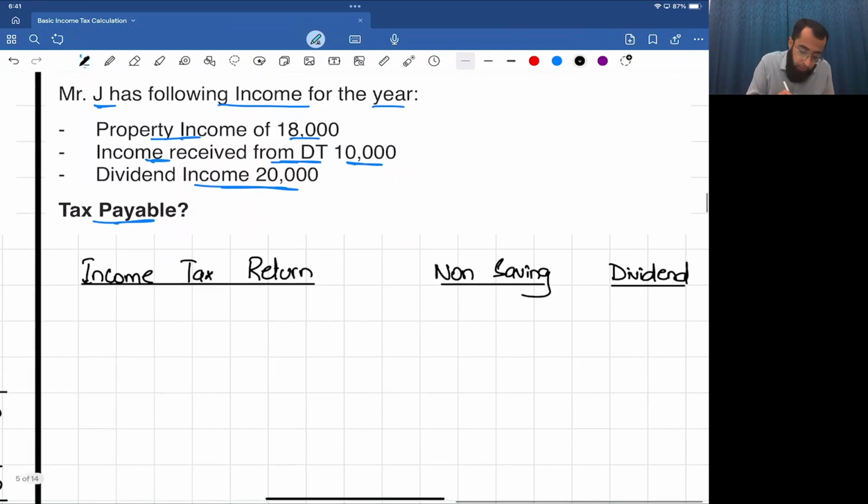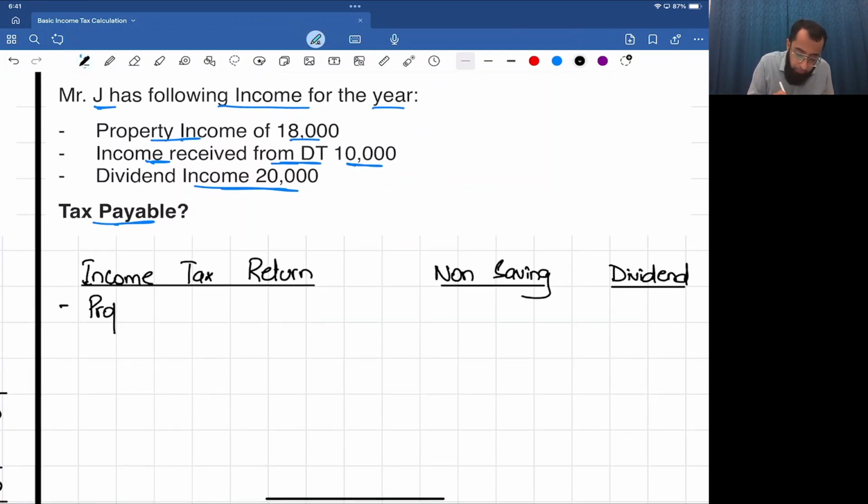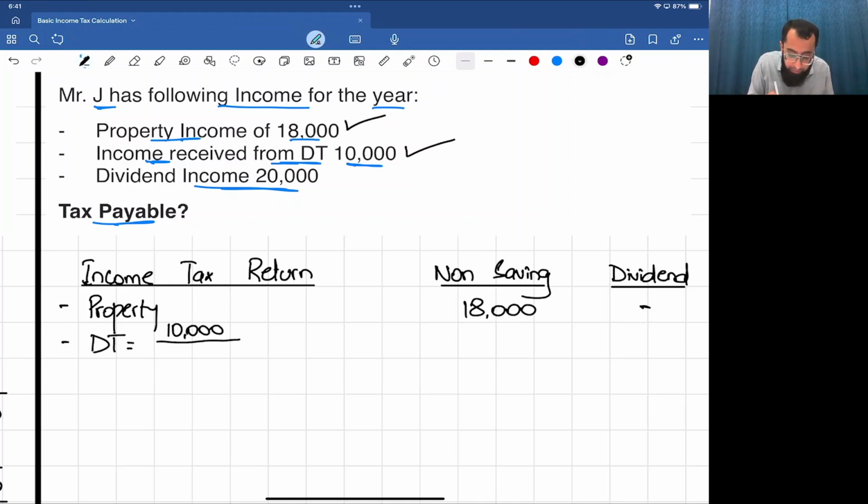So the property income is 18,000, which goes under the head of non-saving. Then you have discretionary trust. 45% is the withhold. So whatever you get is 55%.